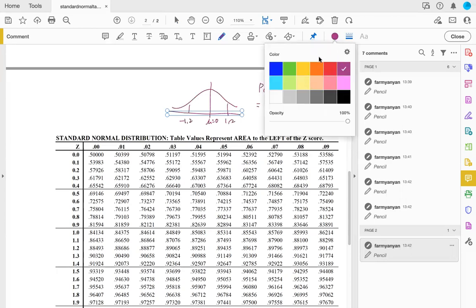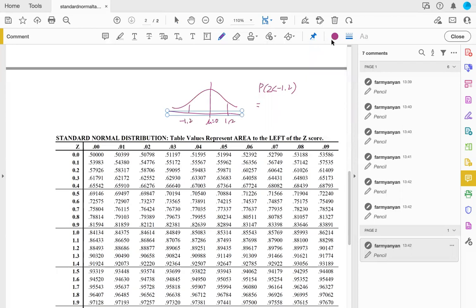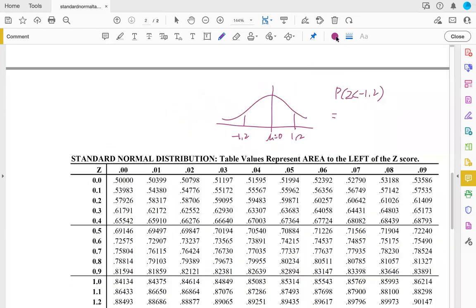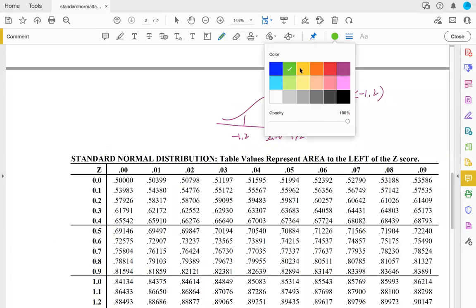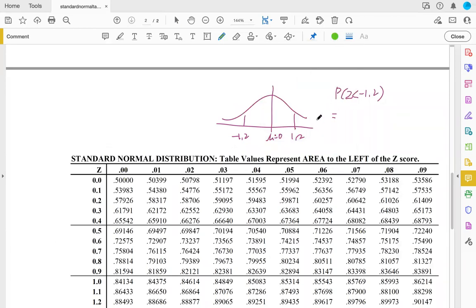So first thing is, we only have positive, yeah? So I want negative 1.2. They are actually symmetry.